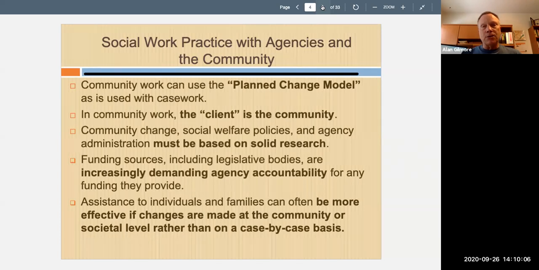But now you've made that change, and now it's going to impact and have an influence over the entire community and everyone involved.